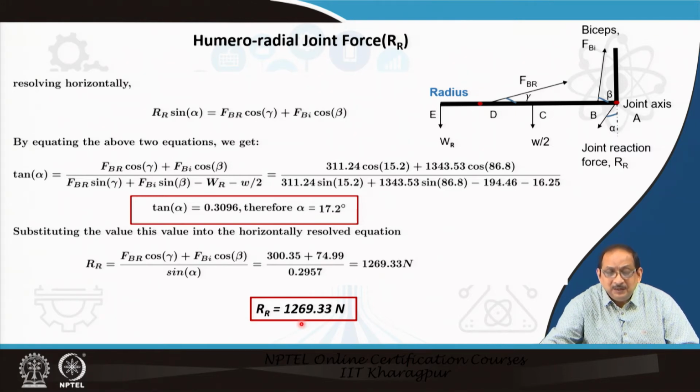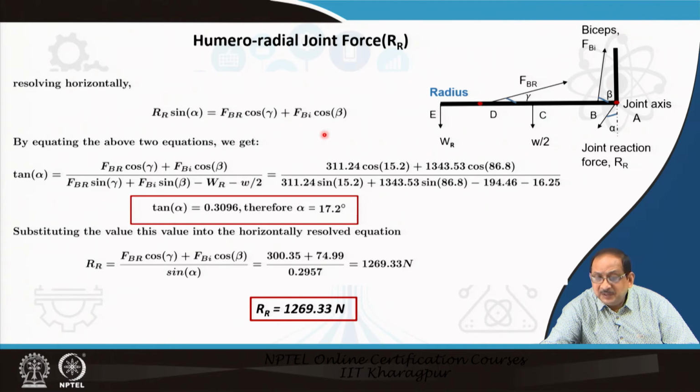Resolving horizontally, we can write down the equation: the component of RR, RR sin alpha, is equal to the horizontal component of the brachioradialis muscle force, that is cos gamma, and the horizontal component of the muscle biceps, which is FBI cos beta.